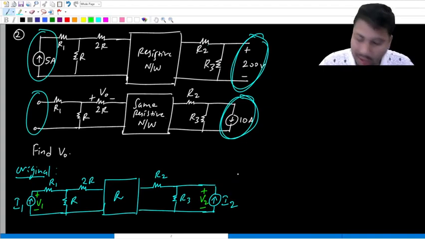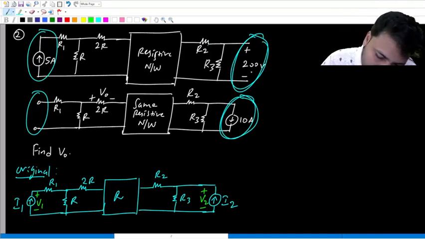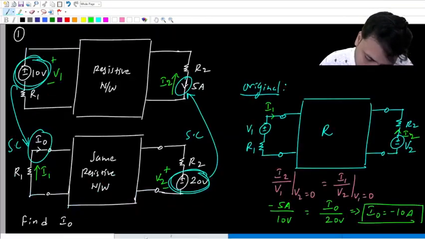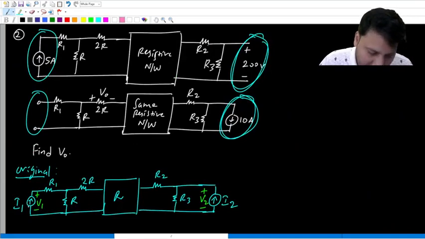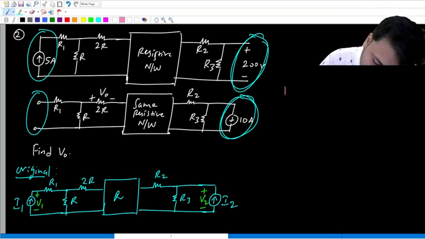Now what is reciprocity theorem telling us? Because you have the same type of source on both the sides, the two ratios will be equal. So what are the two ratios? In one experiment, you keep current source I1 active, current source I2 you make it 0.